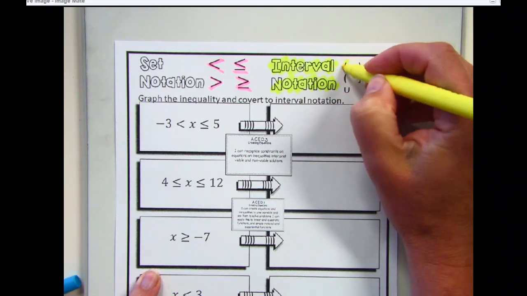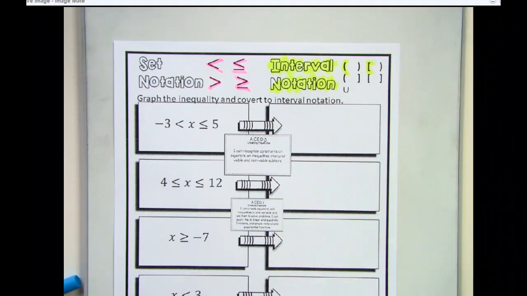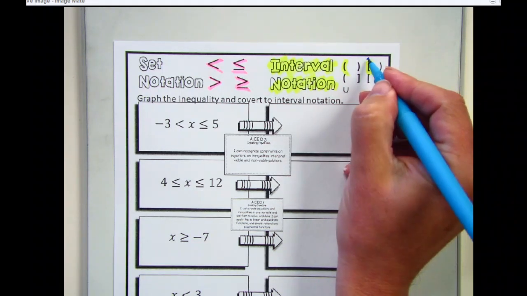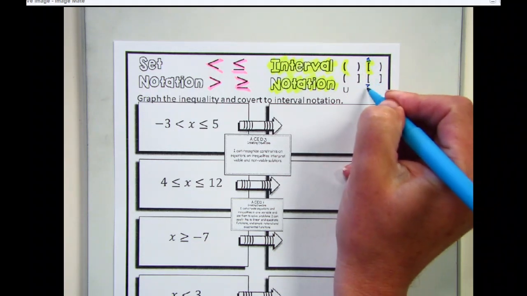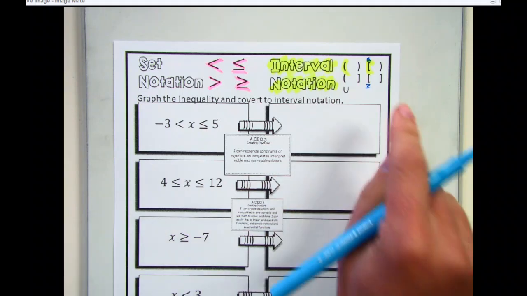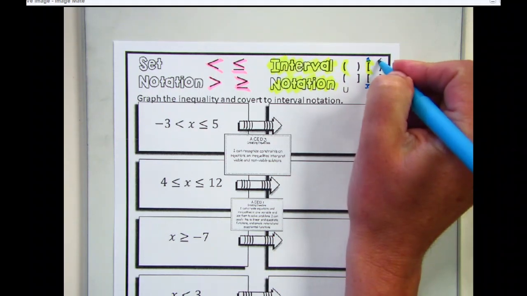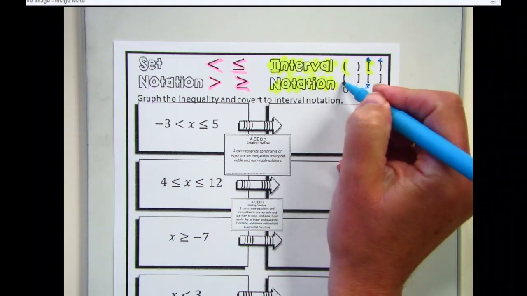We use parentheses and we use brackets. If it is an or equal to, we use that square bracket. So if it can include it, we use the bracket. If it can't include it, we use parentheses.